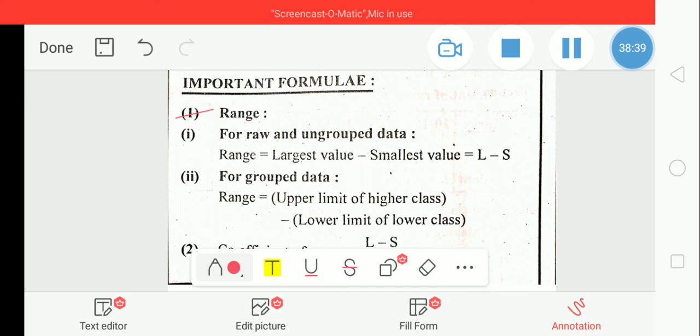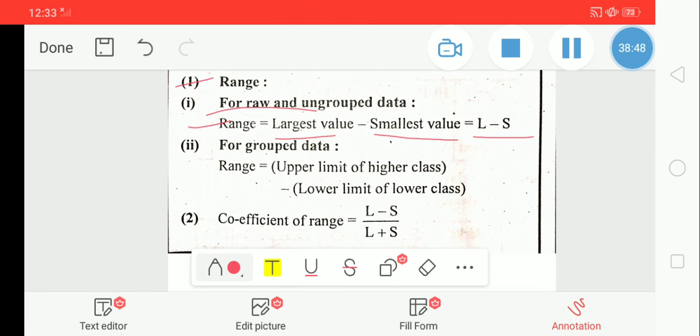Range for raw and ungrouped data. For raw and ungrouped data, range is equal to largest value minus smallest value, L minus S, and for grouped data, range is equal to upper limit of highest value minus lower limit of lowest value.